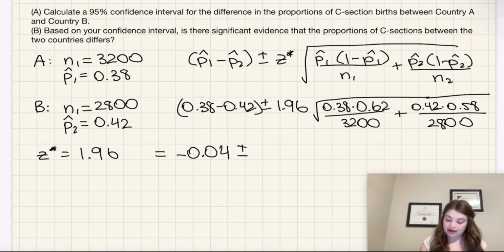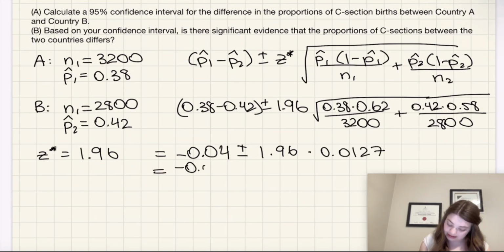I'm just going to skip ahead. For this one, it's going to be times 1.96, and then the entire number under the square root sign. If we take the square root of that, we're going to get 0.0127, and then that's going to give us negative 0.04 plus or minus 0.0249.